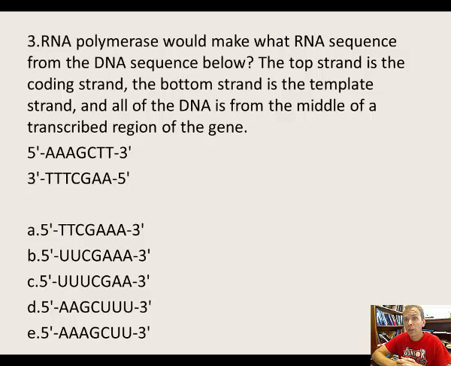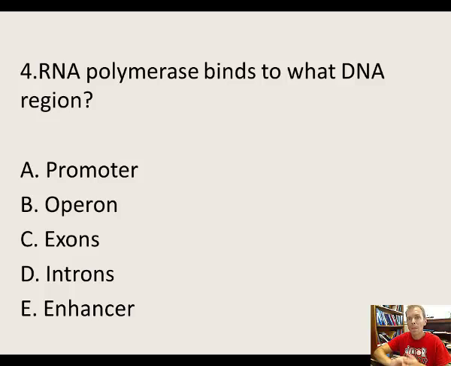The top strand is the coding strand, the bottom strand is the template strand, and all of the DNA is from the middle of a transcribed region of the gene. And finally, RNA polymerase binds to what DNA region?